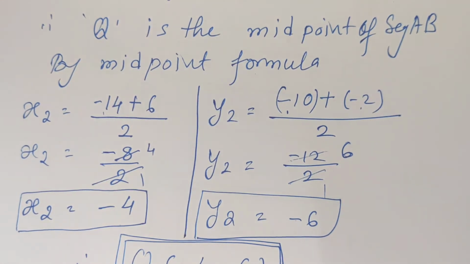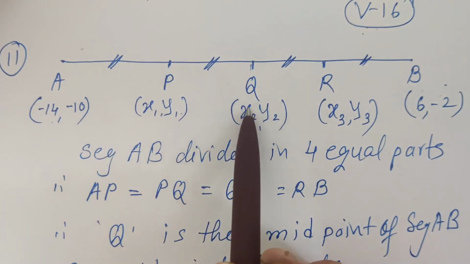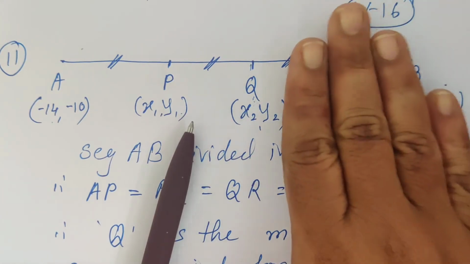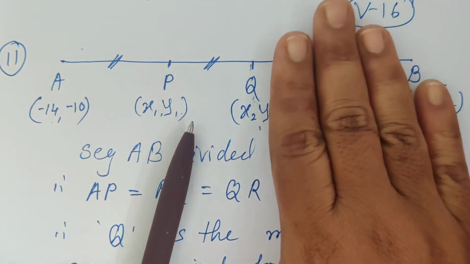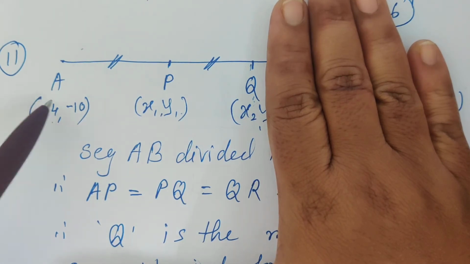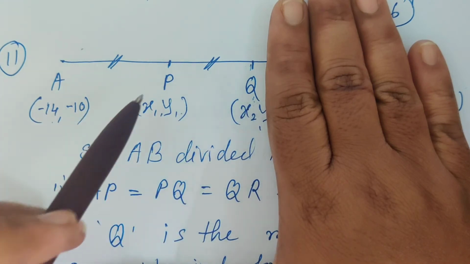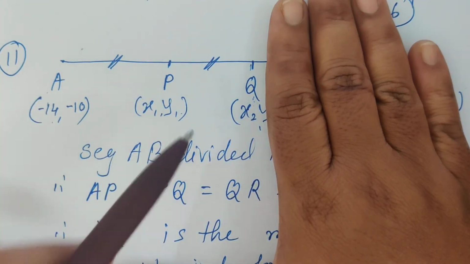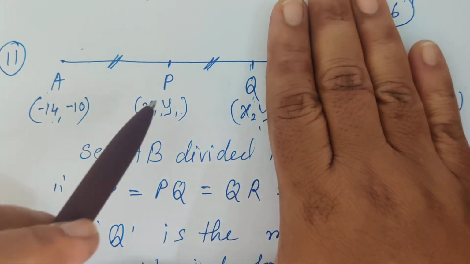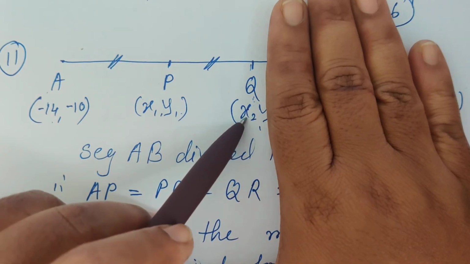Now see the diagram once again. So now Q's coordinates are with us, and I told you to forget R and B, only concentrate on the diagram APQ. That means AQ is the segment and here P is the midpoint of AQ, because AP is congruent to PQ. Q's coordinates are with us now.